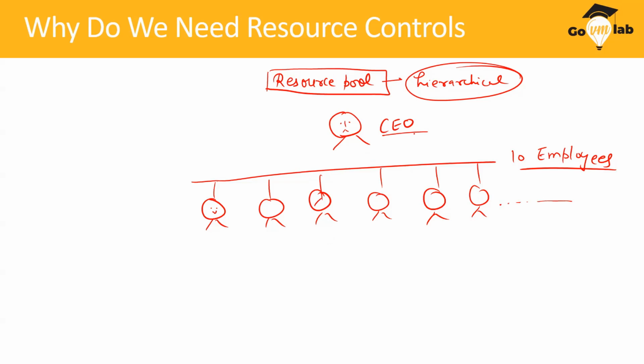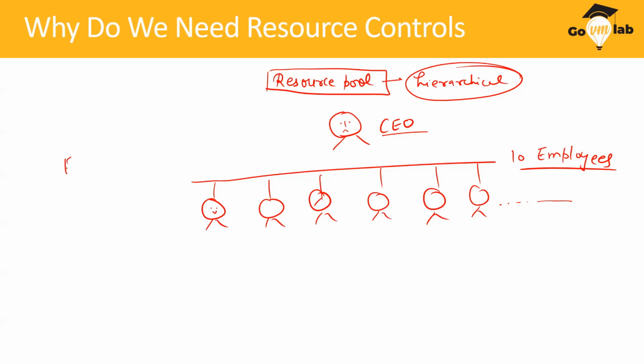He has to make sure that all the projects he has committed to his clients and customers are delivered in time. At the same time, the CEO does not do the work for the company. Ultimately, he needs the resources who will be doing the jobs and finishing the tasks. So obviously, he has to make sure that every employee is happy and every employee's requirement is satisfied. That is where the entire organization works in the same way.